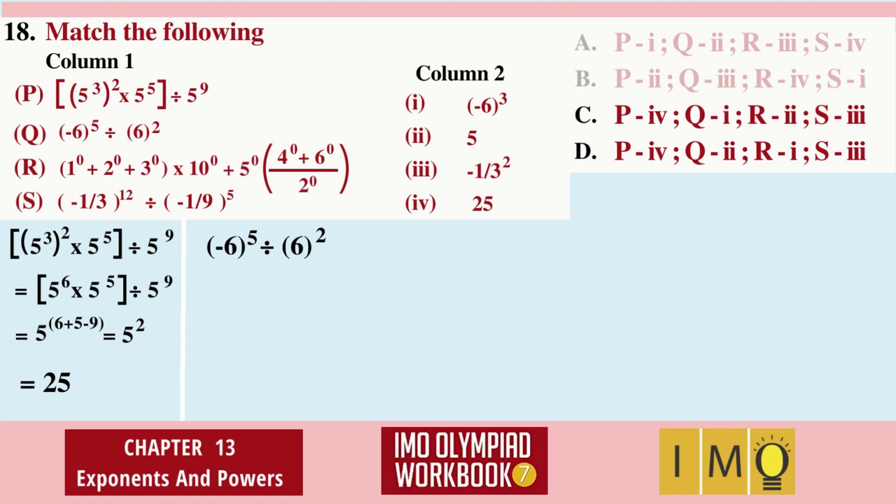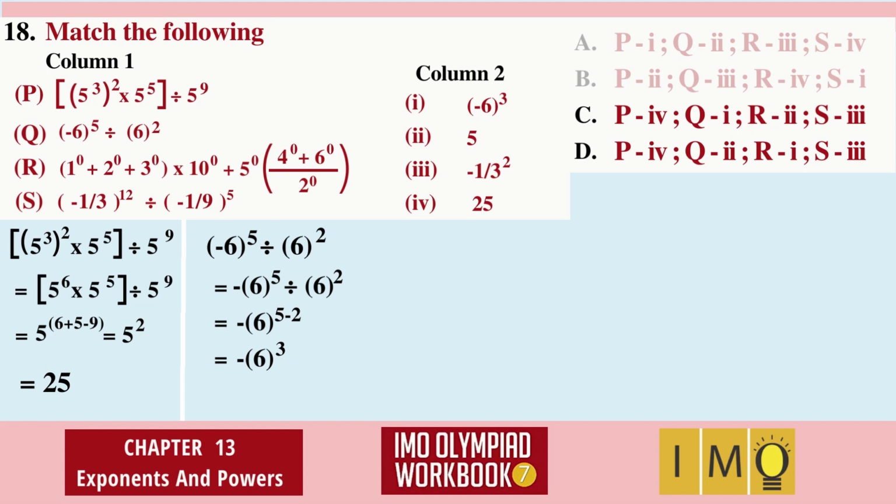Here in the base we have a negative number and the exponent is an odd number, which means the negative sign will be retained. So what we get is minus of 6 to the power of 5 divided by 6 square. We keep the minus as it is and simplify to 6 to the power of 5 minus 2, which is minus 6 to the power of 3.